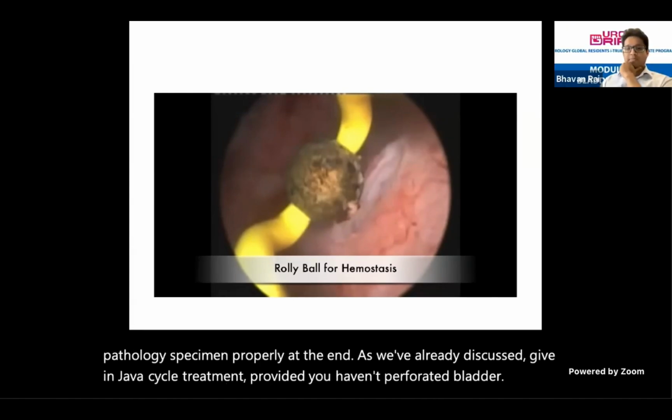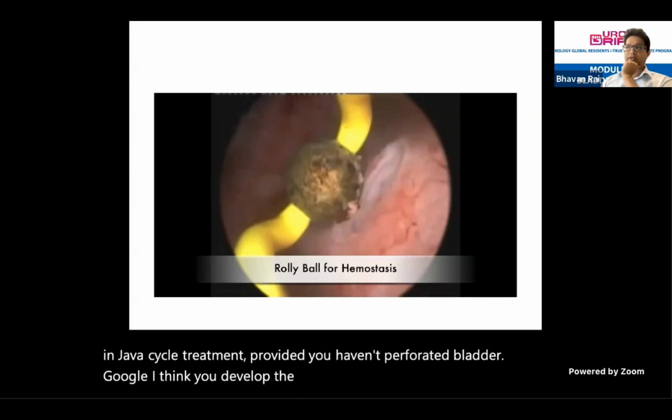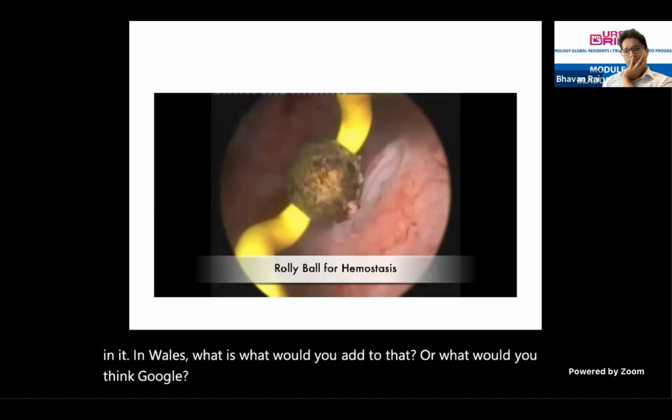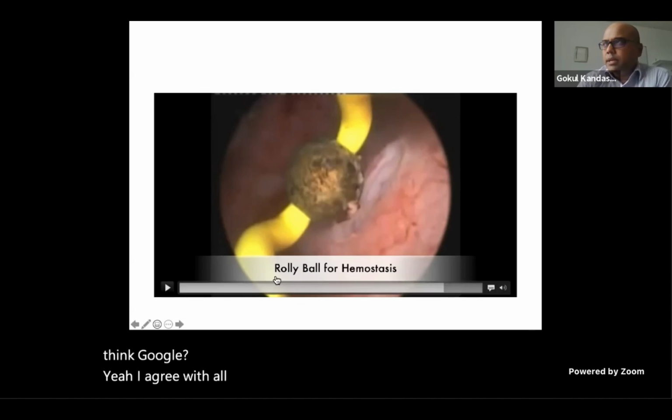Gokul, I think you developed the QPI indicators, or you had a big role to play in it in Wales. What would you add to that, or what do you think, Gokul? I agree with all the points that Nikita just said.